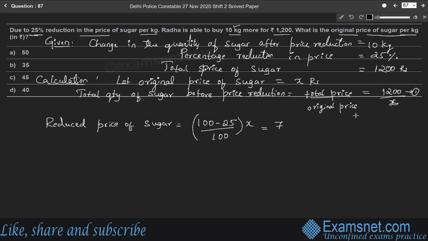This means 75% of the original price. Understood? So what is 75% of the original price? Which is 75 by 100 into X, which is 3 by 4 X. Therefore, the reduced price of sugar is 3 by 4 into X.